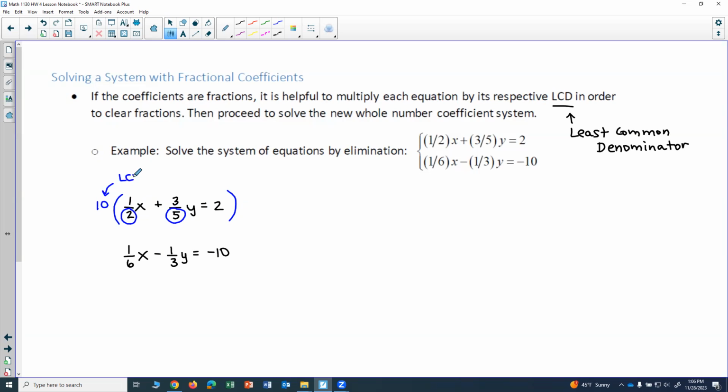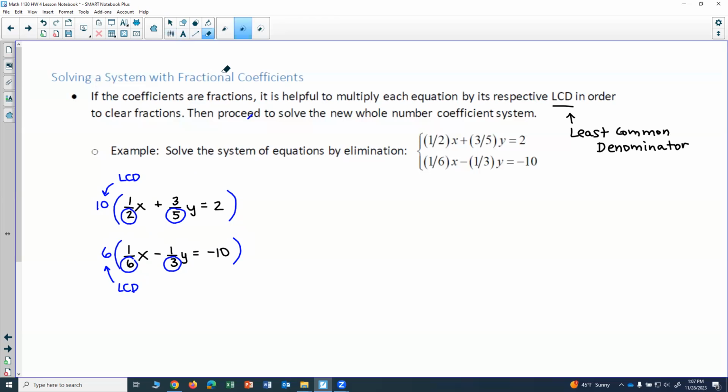For the second equation, I'm looking at 1/6 with a denominator of 6 and 1/3 with a denominator of 3. The lowest common multiple of these two is 6. 3 goes into 6 and 6 goes into 6. So I'm going to multiply this one by 6. That's my LCD.